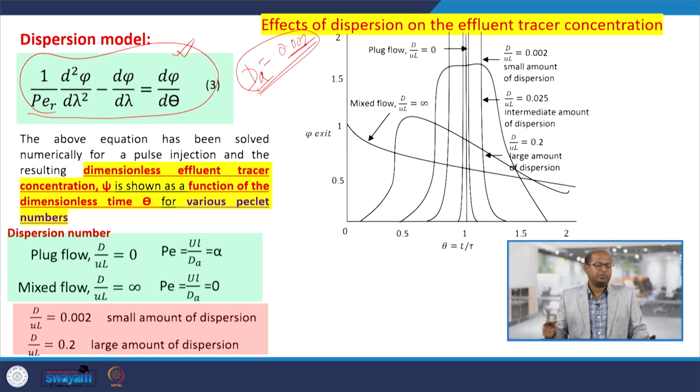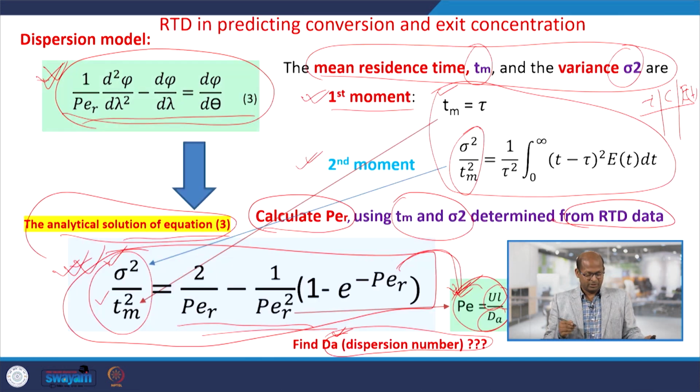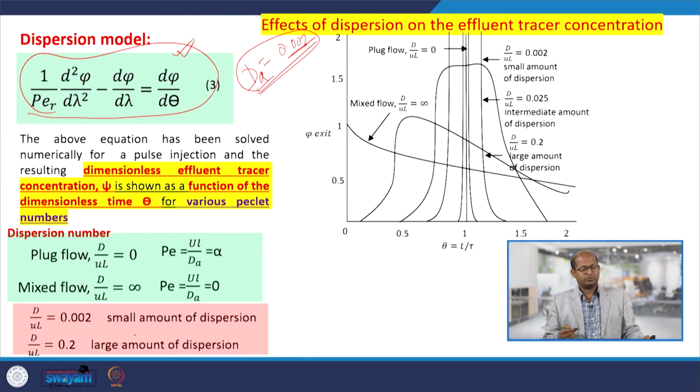Whatever reactor we have designed, we conduct the tracer test on that reactor, and from the analytical solution we substitute sigma squared by Tm squared from the tracer test, get the Peclet number, and from there we get dA.